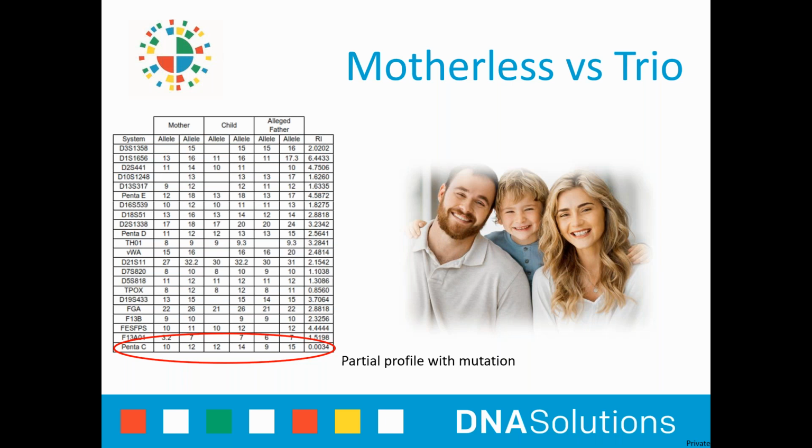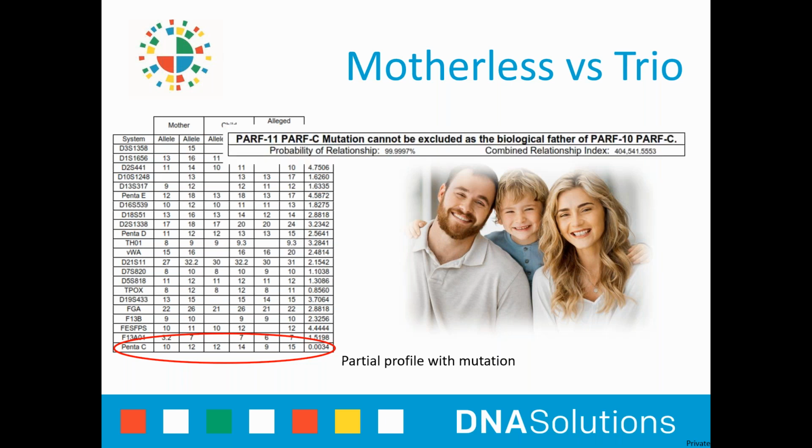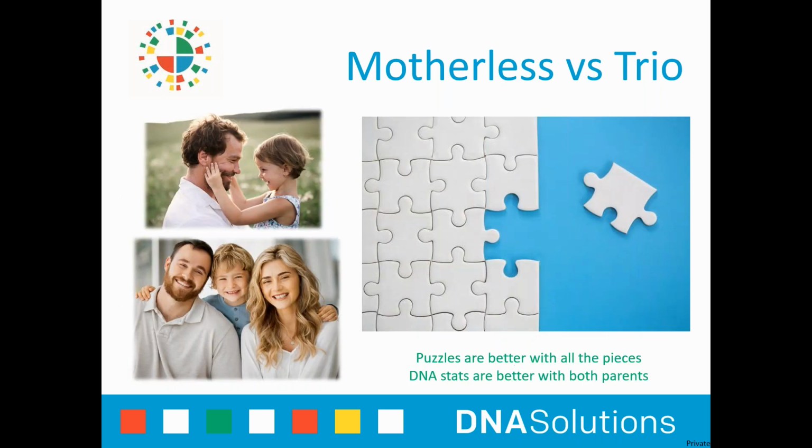You can see that putting the mother back in doesn't make any difference to the RI for the mutated marker, but it does change some of the others. So with the mother added, we're back to a conclusive paternity test. CRI is 404,000 and a 99.99997% probability of relationship. And hopefully everybody's happy. Never know with paternity tests if everybody's happy, but in this case, hopefully everybody's happy.